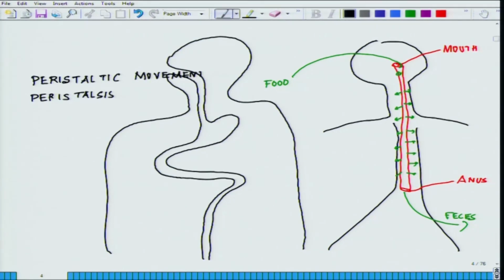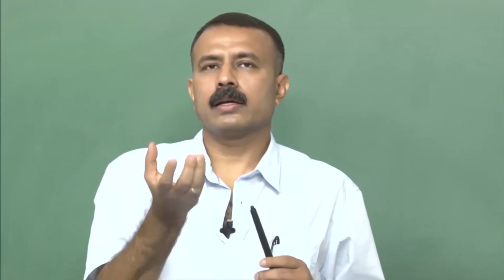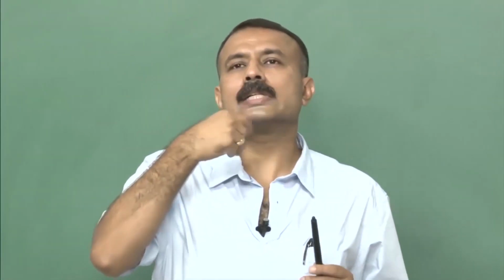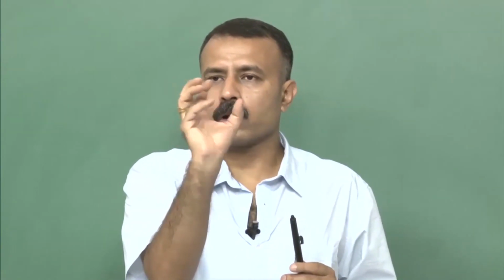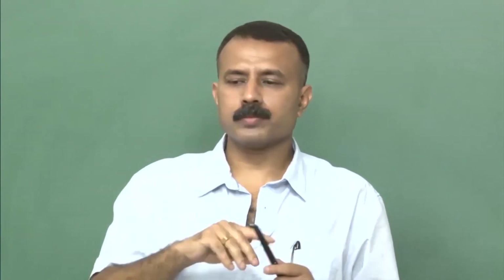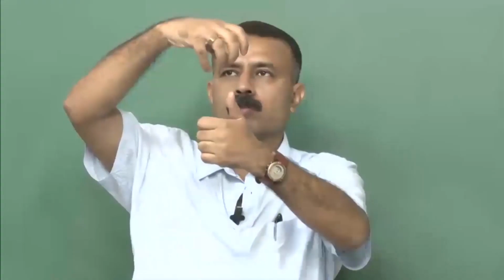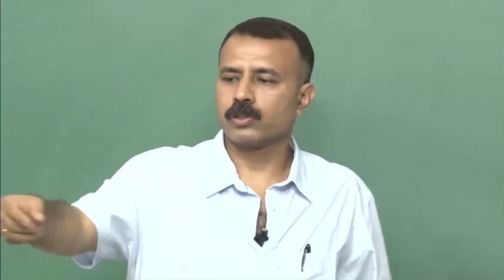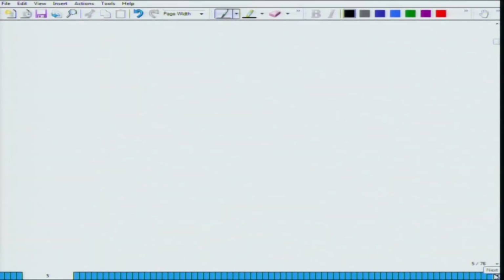Now, the food moves in the form of a bolus. When you take food, you chew the food like this, and once we chew the food, it forms a bolus, a ball-like structure, and that ball moves. Imagine you have a flexible tube like this and you drop a ball. How will the ball move?